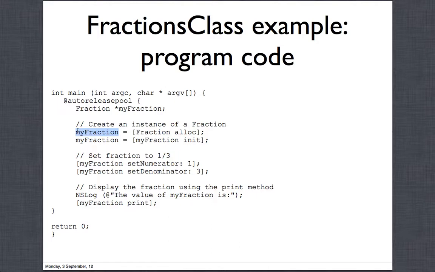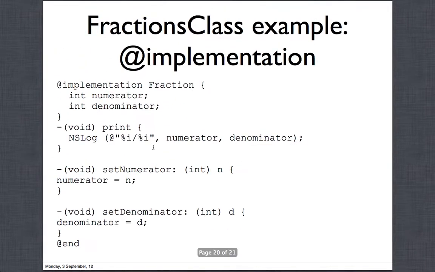And we should first allocate the memory for our object. And we are calling an alloc method on Fraction. We are sending a message called alloc, from allocation, to our Fraction class. So it's a class method, but we didn't write it. We didn't have an alloc here. All we had is print, set, and another set.